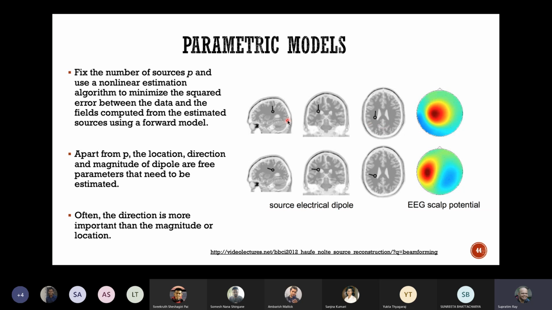Okay, so apart from p, location and direction and magnitude are also free parameters that need to be estimated. Turns out often the direction is more important than the magnitude.